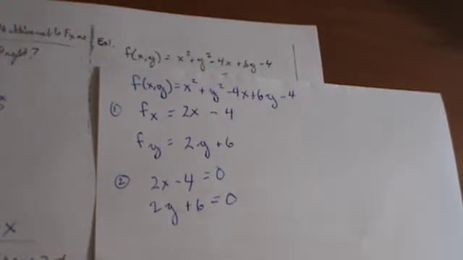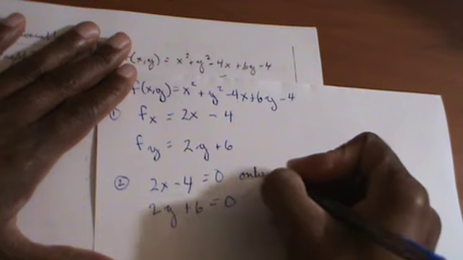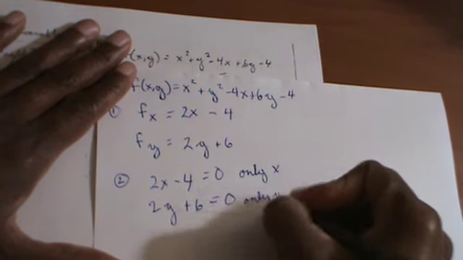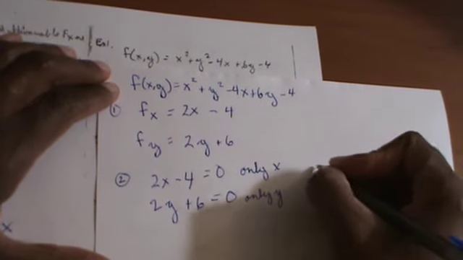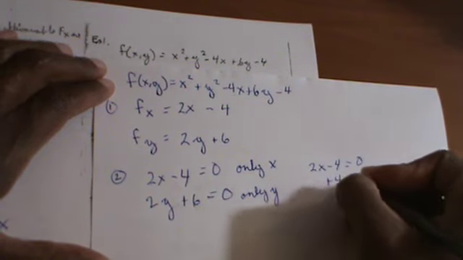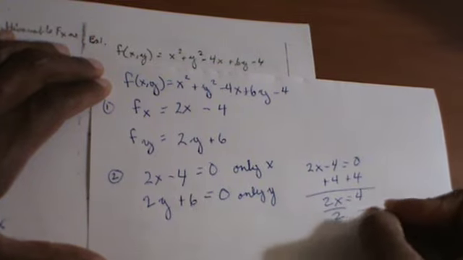Now, if you only have an x in your equation, and this one has only a y, then this is pretty straightforward because all you're going to do is go off to the side and say 2x minus 4 equals 0, plus 4, plus 4. 2x equals 4, divide by 2, divide by 2.